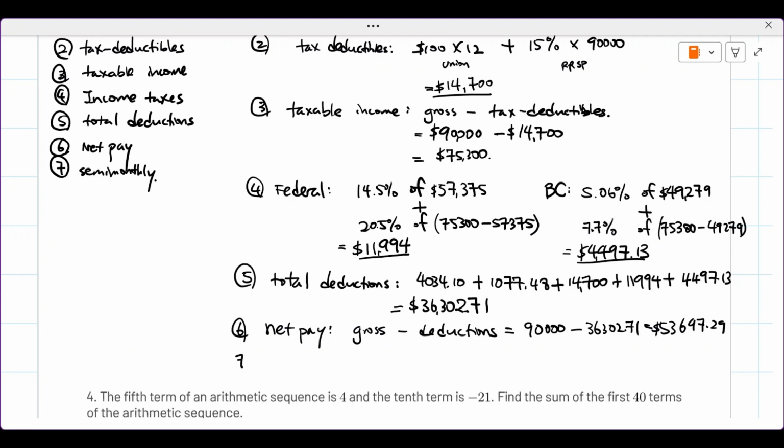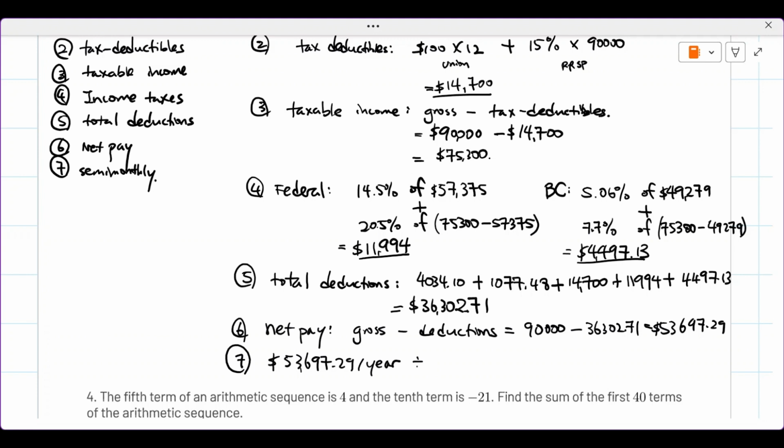Our final part is to find the semi-monthly pay. So to find the semi-monthly pay, we're going to do the $53,697.29 per year, and we're going to divide this by, or you can multiply it by 1/24.